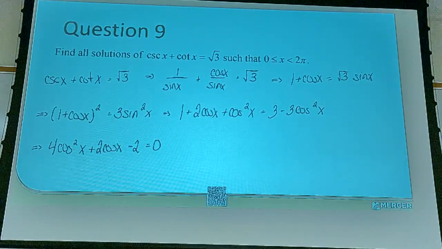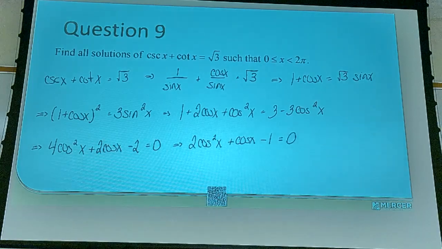Or cosine squared plus 2 cosine x minus 2 has to be 0. Multiply through by 1/2.